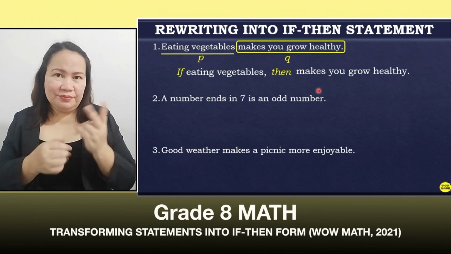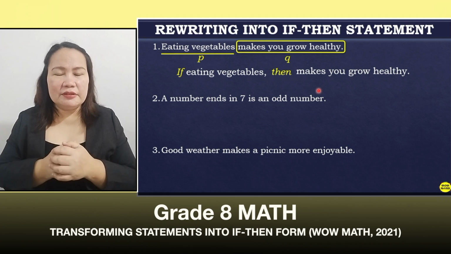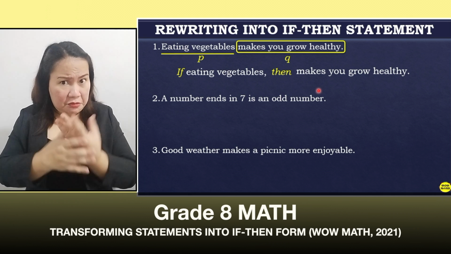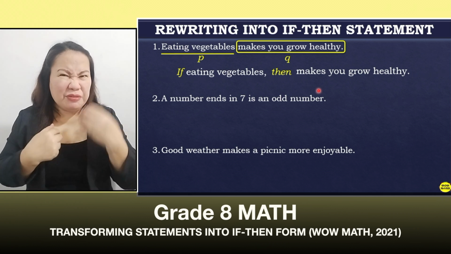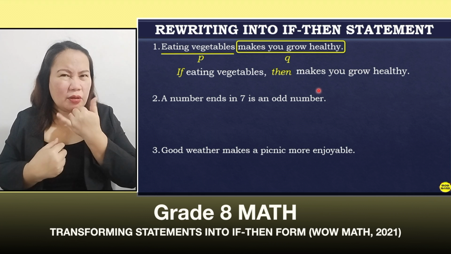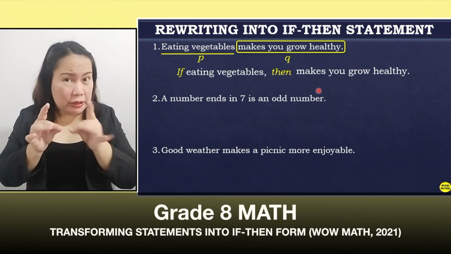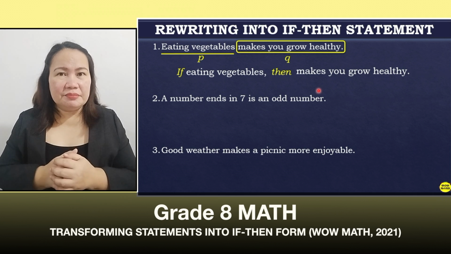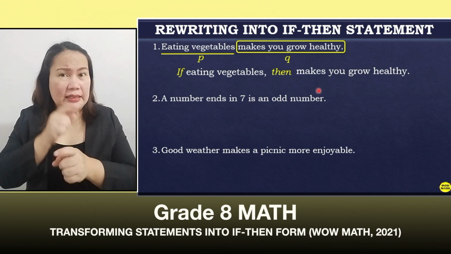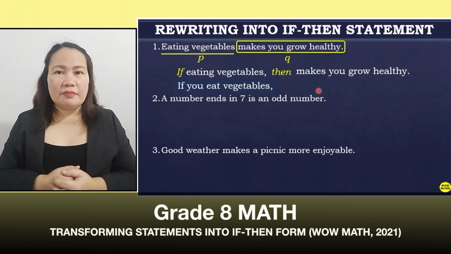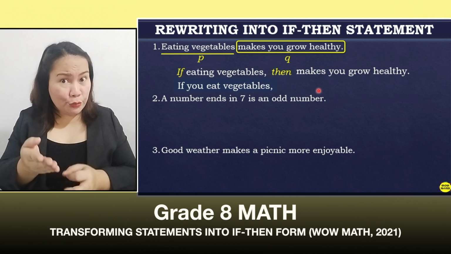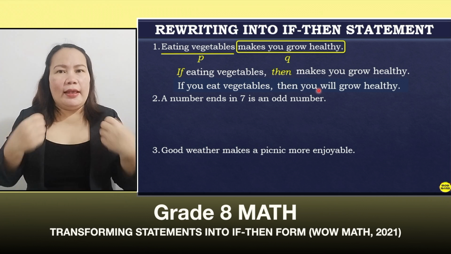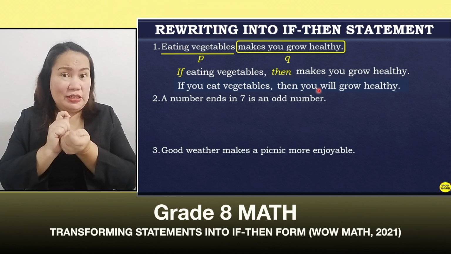Okay, now, if you will try to read the given statement, if eating vegetables then makes you grow healthy, there's something wrong, parang may mali sa ating composition, sa construction, 'di ba? So, if eating vegetables then makes you grow healthy, so aayusin natin siya. Okay? So, if you eat vegetables, then you will grow healthy. Okay. So, i-rephrase natin kahit papano.